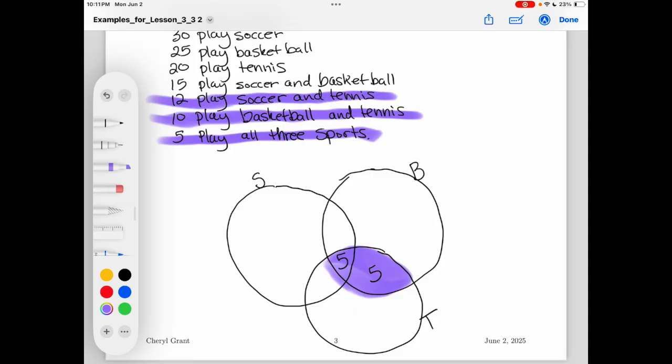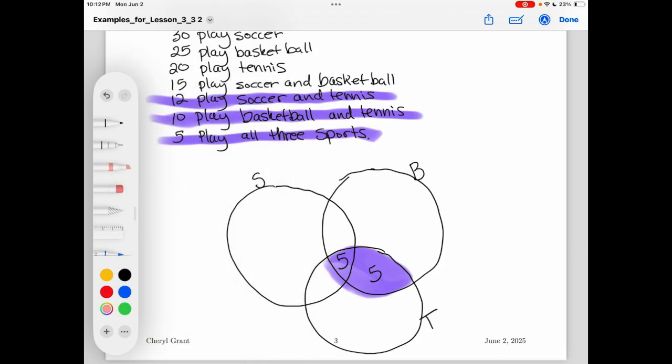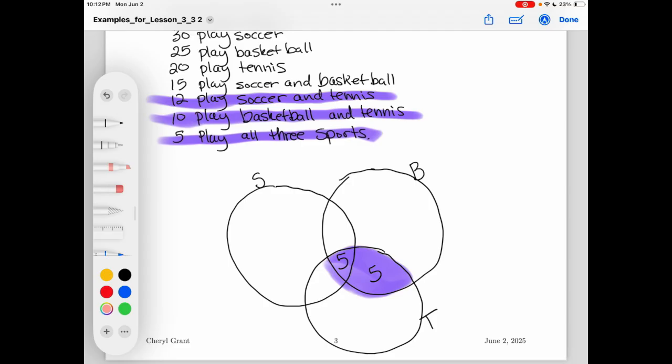Now let's look at 12 that play soccer and tennis. Let's pick a different color. Okay, so looking at where soccer and tennis overlap, soccer and tennis overlap in this area. 12 should be in that area where they overlap.